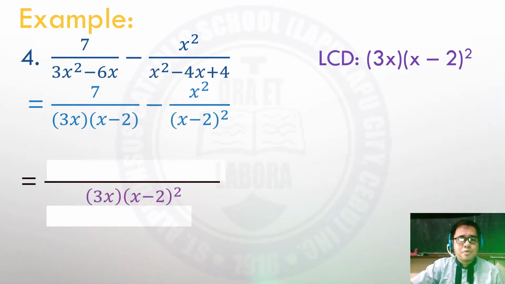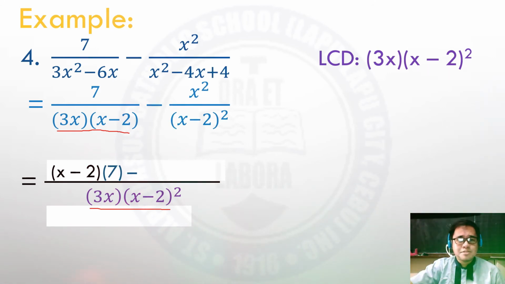And next one is, I put the LCD here, and this LCD should be divided by our denominator in our first term, which is 3x times x minus 2, and the answer is x minus 2 multiplied by the numerator of our first term, which is 7, minus.